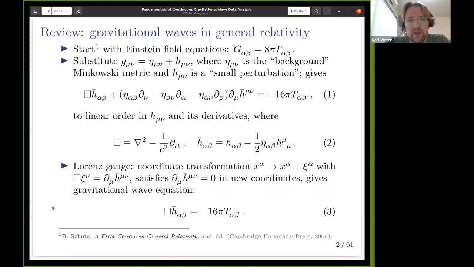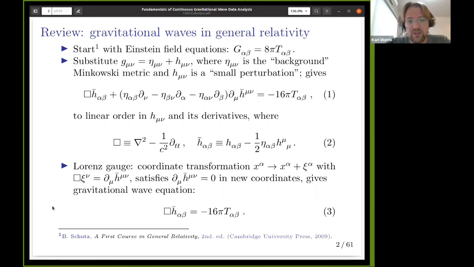Now we can make this equation look a bit simpler by changing our coordinates, which we can always do in GR, and we use a particular coordinate transformation called the Lorenz gauge, where we take our coordinates x^alpha and add some vector psi to them. And if we set up psi in such a way that it satisfies the little equation given there, where we apply the wave operator to psi, and that's equal to these derivatives of h bar, where we contract over one of the indices, it turns out in the new set of equations that the term on the right hand side, the derivatives of h bar, go to 0.